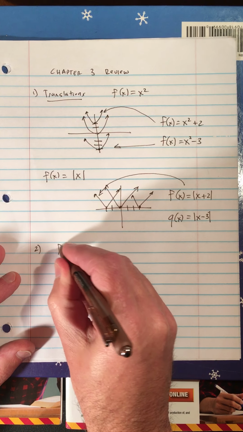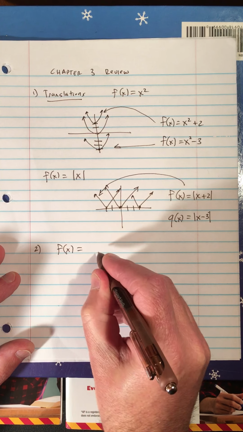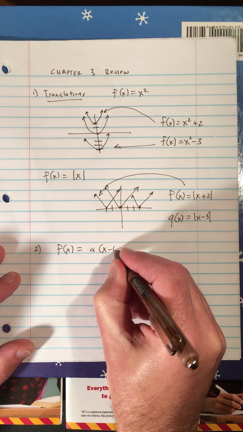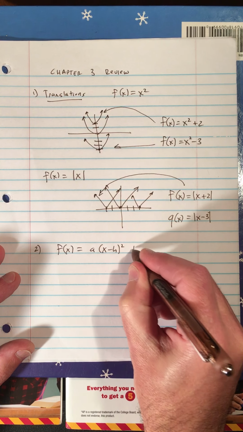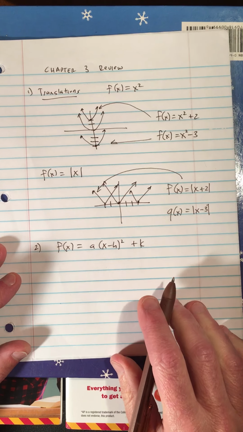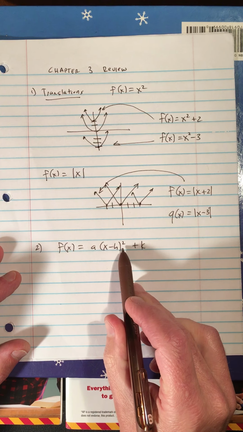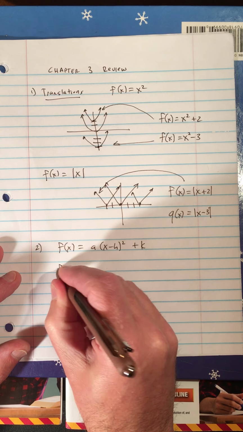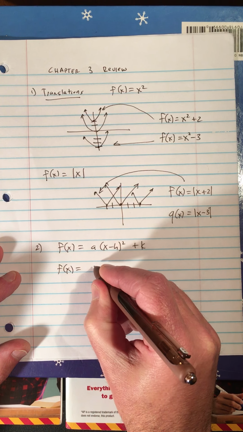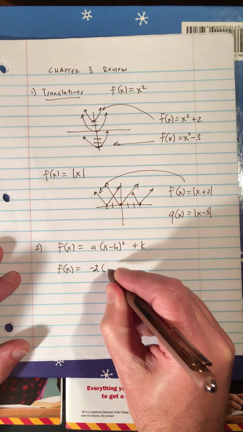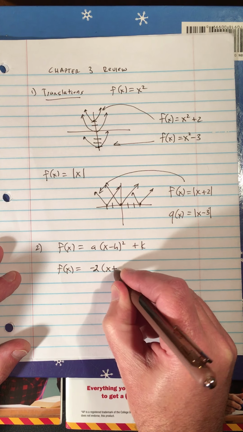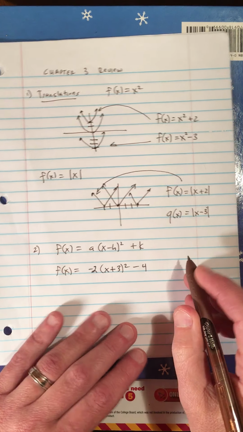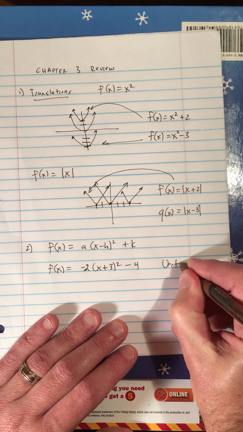Sometimes they'll give you this form of a quadratic equation. This is called vertex form, a times x minus h quantity squared plus k. So if you're given a function in this form of a quadratic, and it's quadratic because it's degree 2 here. If somebody says, hey, f of x is equal to negative 2 times x plus 3 squared minus 4, and they say, where's the vertex?